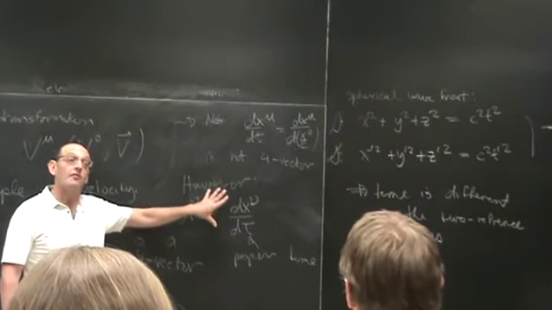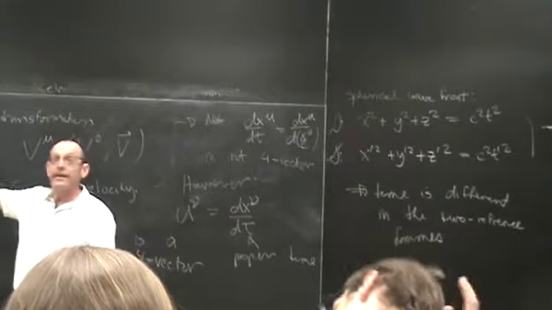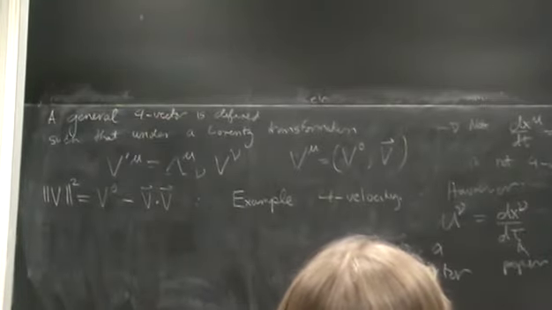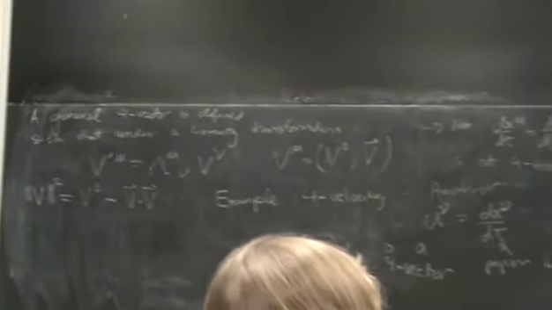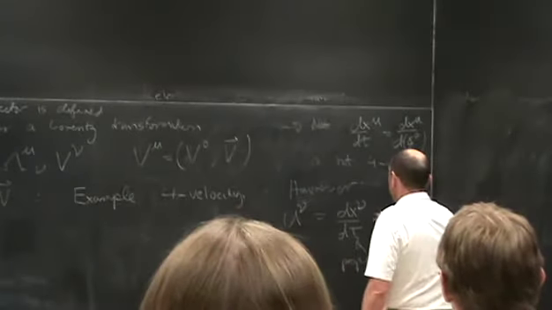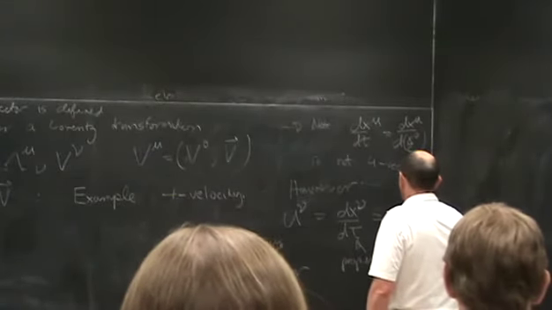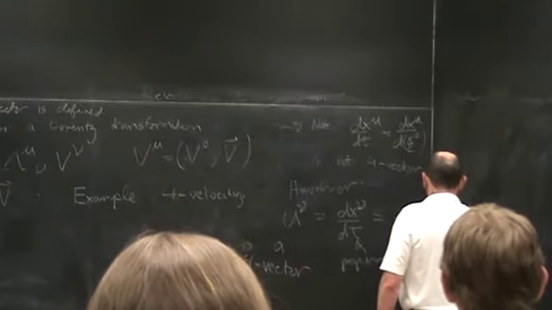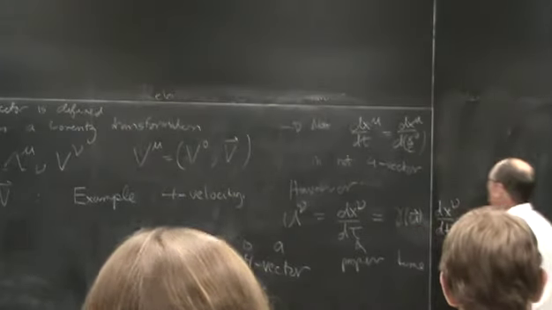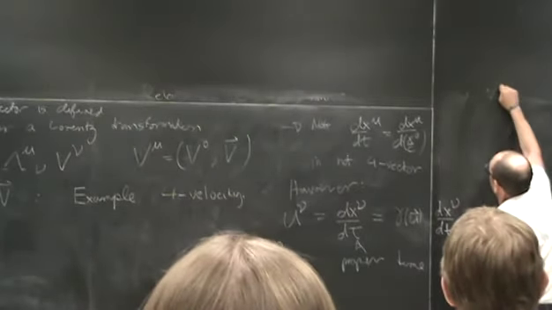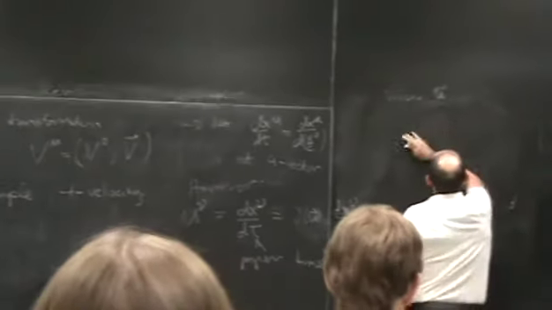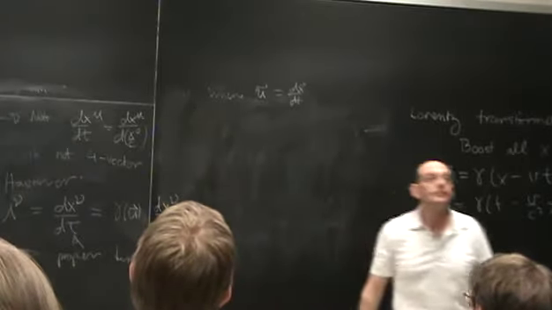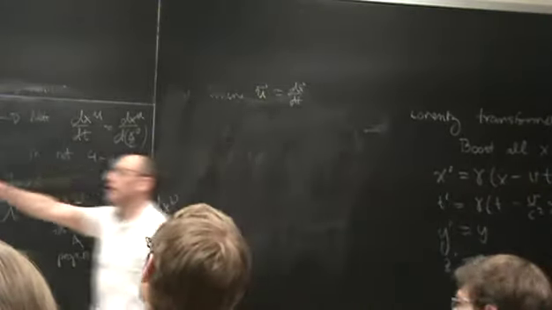Therefore, the ratio of them transforms like this. And as we just discussed, this is equal to gamma dx nu dt, where u is equal to dx/dt, the instantaneous speed.